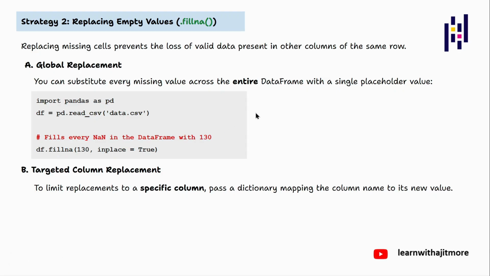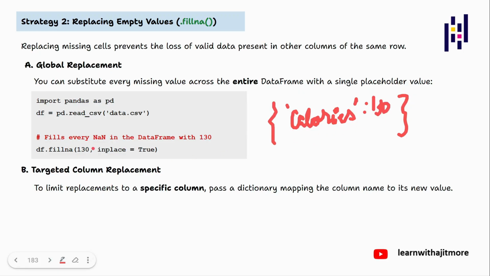So here what I'll write, a dictionary, curly braces. The key will be calories and the value will be 130. And this thing I'll pass to fillna, in place of 130.